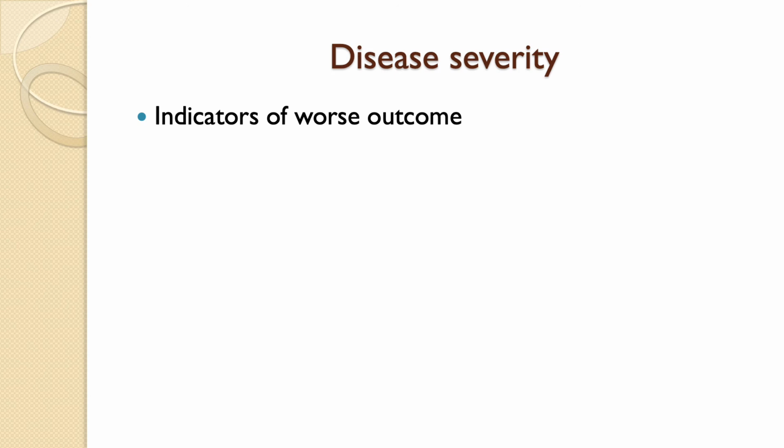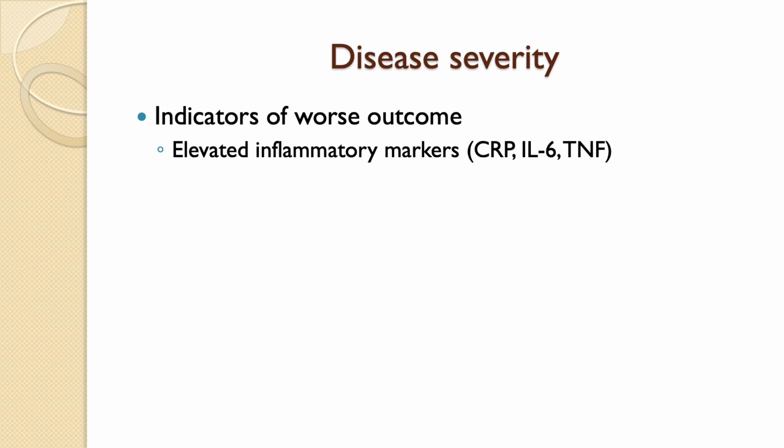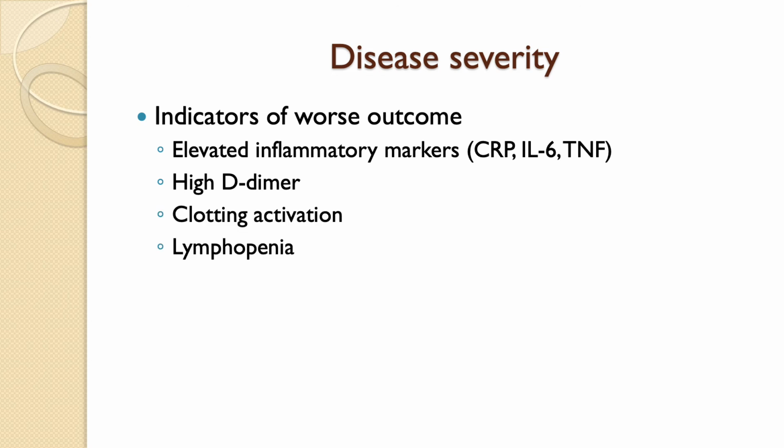There are some indicators of worse outcome, like elevated inflammatory markers, CRP, IL-6, and also TNF. High D-dimer is an indicator, clotting activation, lymphopenia, and, well, this speaks for itself, multiple organ failure. When you have multiple organ failure, it is of course an indicator of a bad outcome.